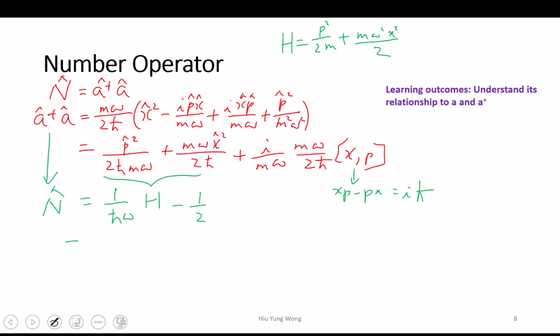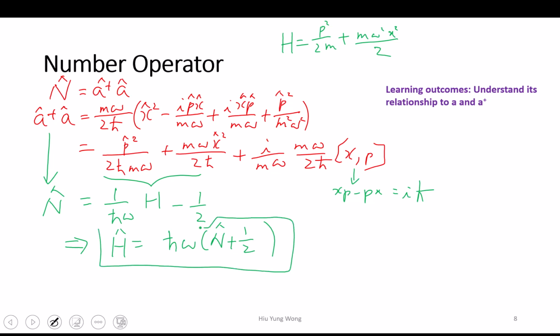So as a result, what is the Hamiltonian? It equals h bar omega times n plus 1 over 2. Right? So you see the number operator has some relationship to the Hamiltonian. It is n plus half times h bar omega. What is omega? Do you remember?